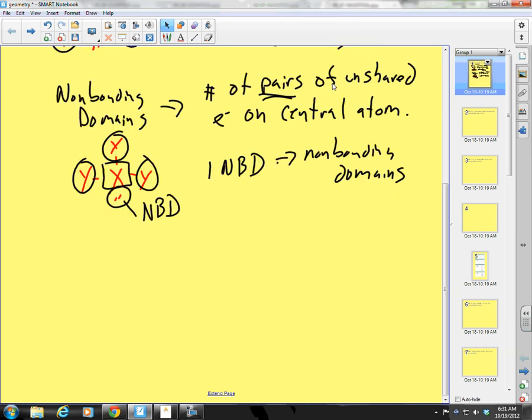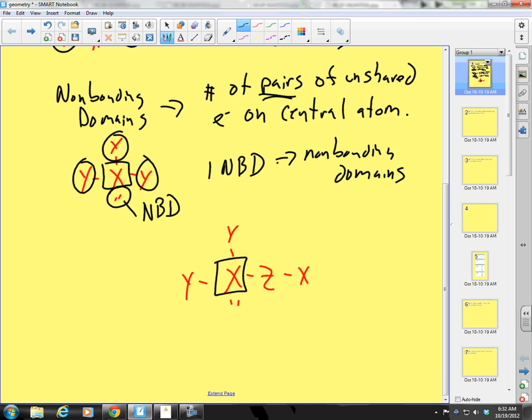Cool. Now let me ask you about one other example. What if I had X, Y, Y, Y, and we'll call this one Z, Z with another X on it. And we want to know my bonding and non-bonding domains on this. So we'd say, hey, how many atoms are directly bonded to my X? 1, 2, 3.